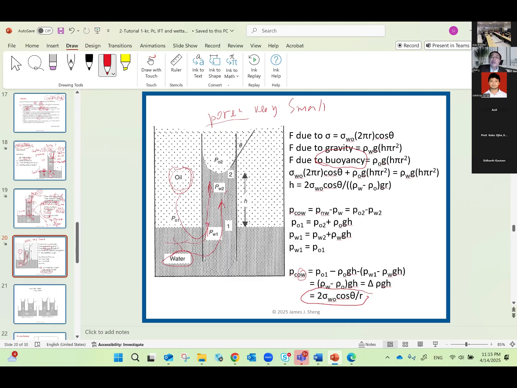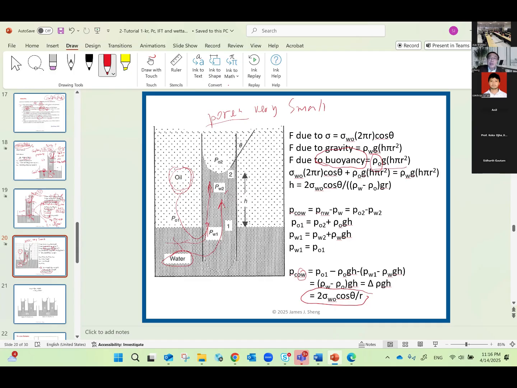So the only difference is that in the previous air and water case, air density is much smaller than water. Buoyancy is proportional to fluid density. If the air density is too small, we can ignore it. But here, oil density cannot be ignored because it is almost similar to the water density. So we have to consider this buoyancy.